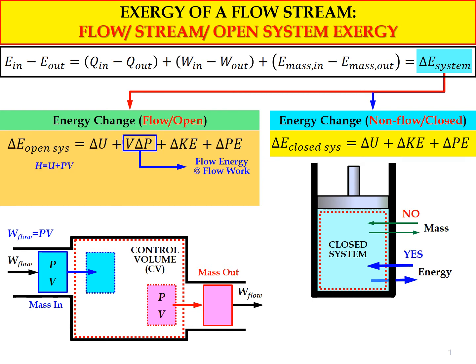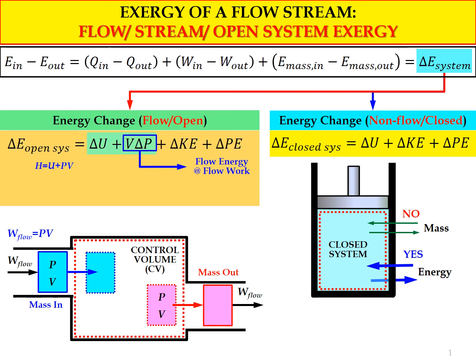Okay, and we know that based on our thermodynamics 1 basic knowledge for the enthalpy, the enthalpy formula H equal to U, internal energy, plus PV, pressure multiplied by volume.